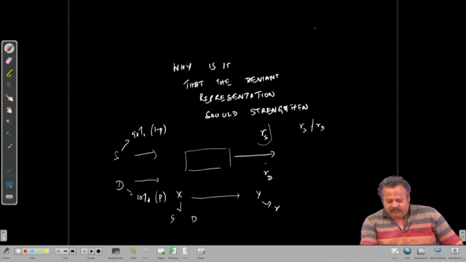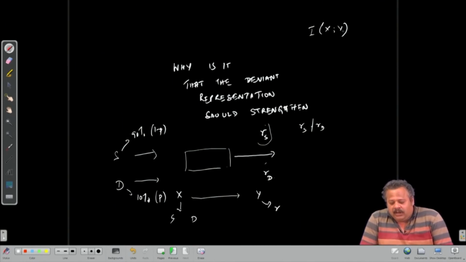There is a mutual information between x and y, the input and output, where y is the rate response and x is the stimulus identity associated with different probabilities, and the rate response also has different probabilities.